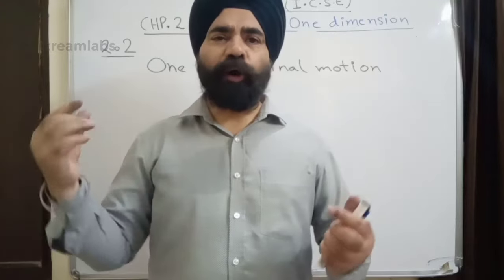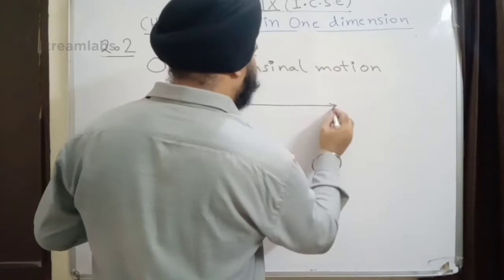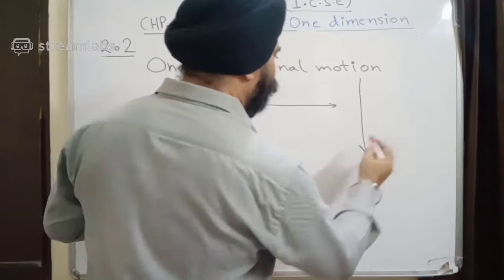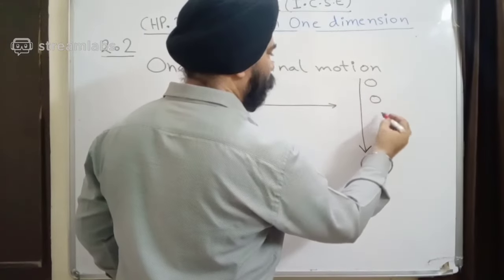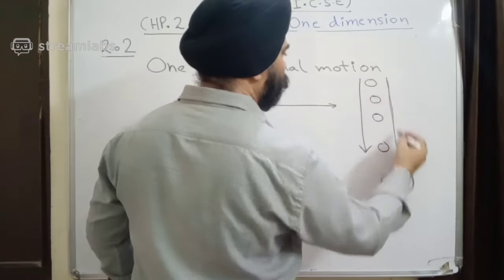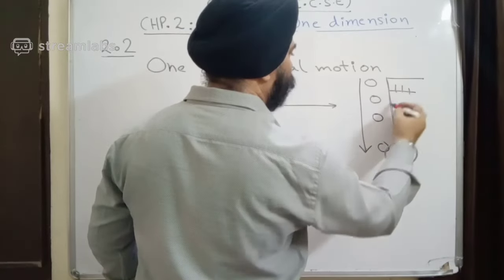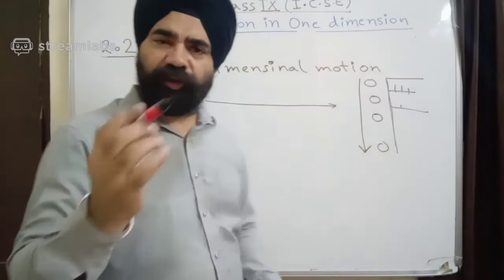Got it? So if a body is moving in a straight path, for example, we take the example of a stone falling. This was a building, and I drop a stone from the top of the building, so the stone goes down straight.